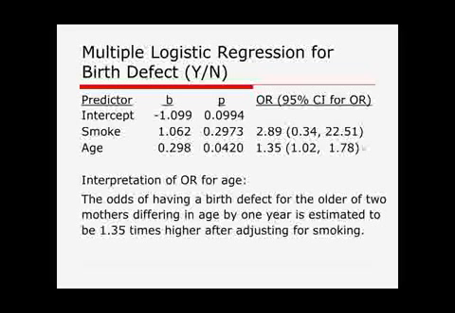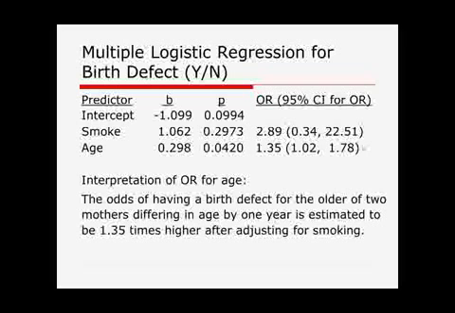Now to interpret those B's, what we do is we exponentiate. So if you take the exponent, the EXP on your calculator, of 1.062, you get 2.89. And the way you interpret that is mothers who smoke have almost 3 times the risk of having a baby with a birth defect than mothers who don't smoke. I hope that makes sense.